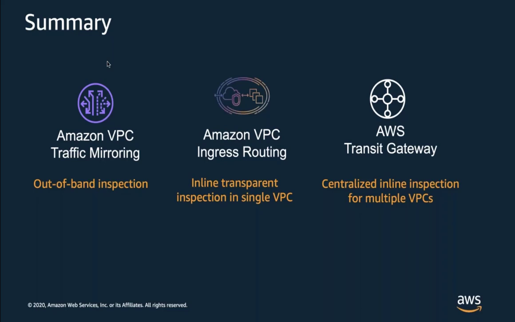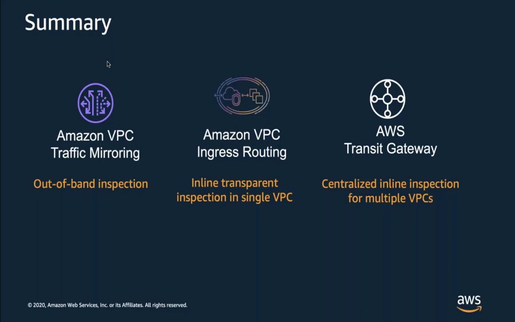I also talked about Amazon VPC Ingress Routing, which allows you to do transparent inspection in a single VPC. So you can add your firewalls or inspection appliances as a bump in the wire without having to do any source address translation, so you don't have to do any NATing.